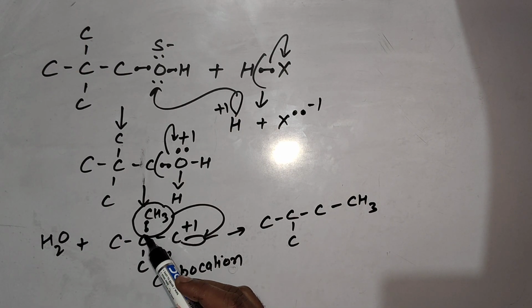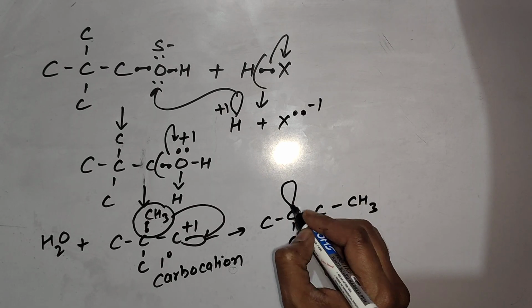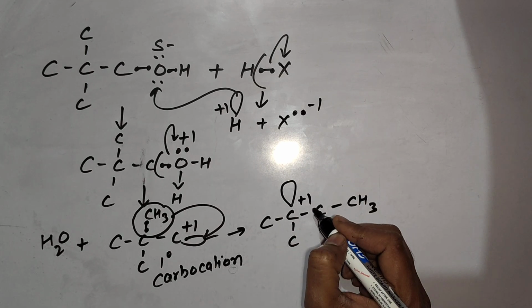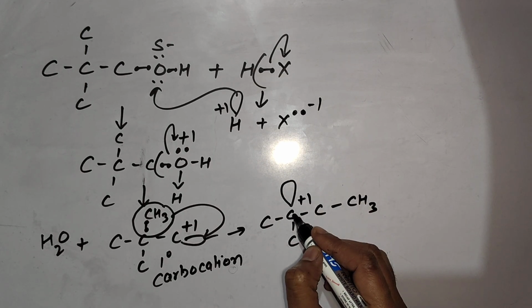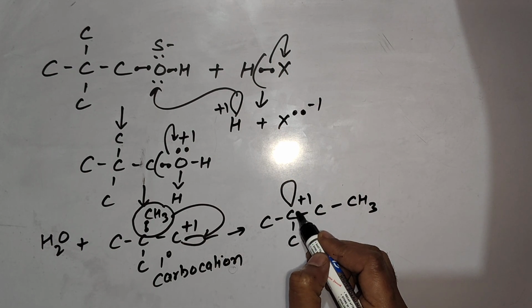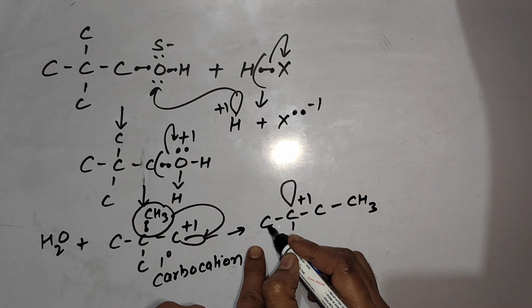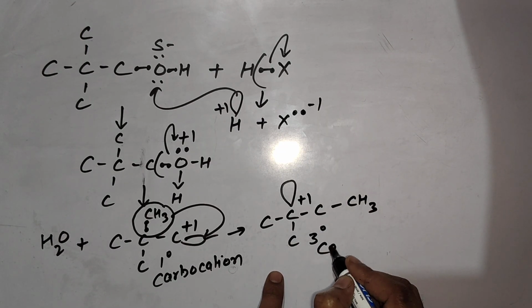This electron was of this carbon. Now due to loss of this electron, this carbon will carry a vacant orbital and a +1 charge. Now this is also a carbocation, but the degree is changed. This carbon which is carrying a positive charge is directly connected to 1, 2, 3 carbons. So the degree is 3 degree carbocation.